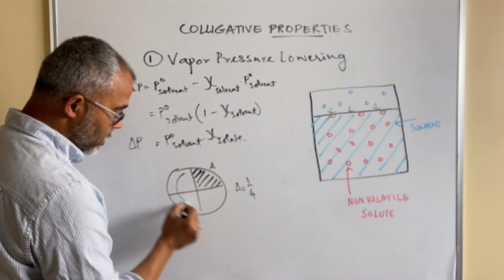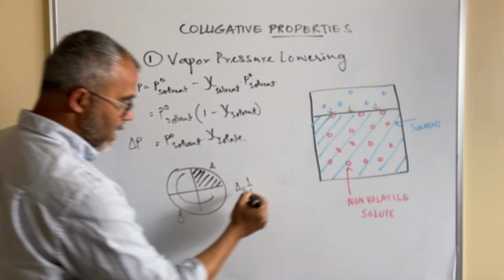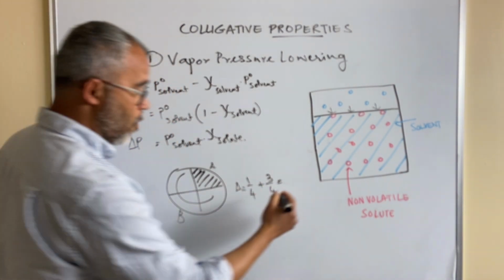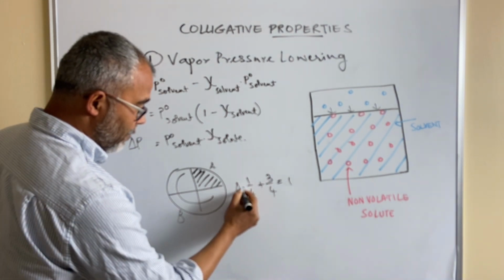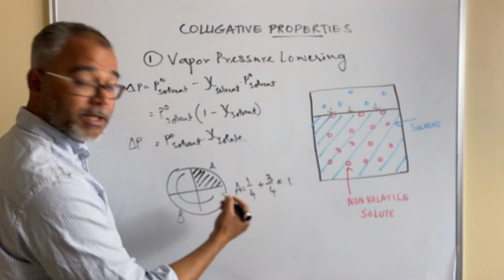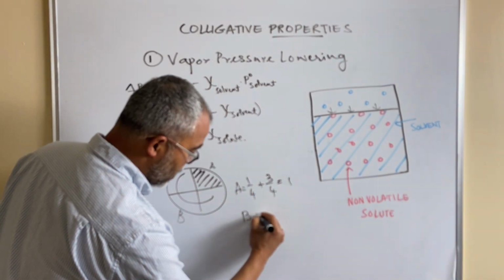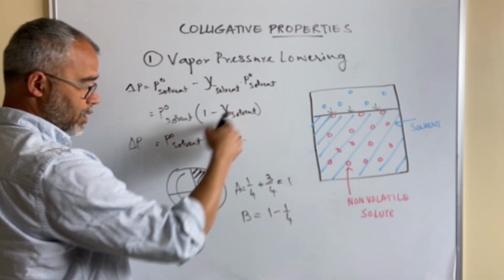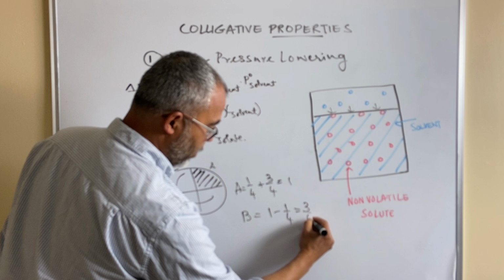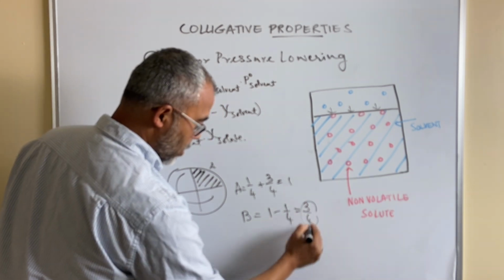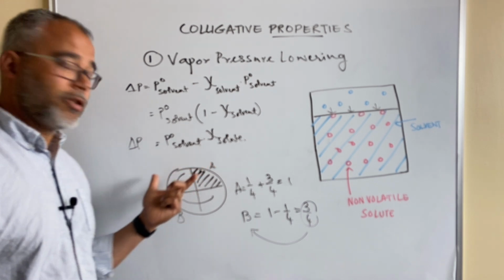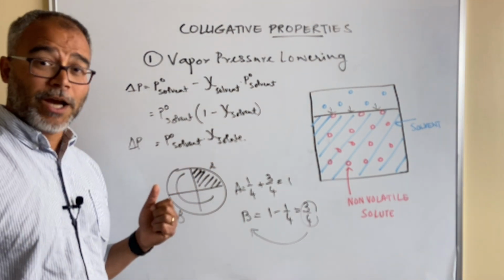And then person B ate all the rest. So if you add those together, you get 1. But if you had to figure out how much person B ate, person B ate 1 minus 1/4, which is similar to this expression, which would be 3/4. Okay, so we apply that same logic here to figure out the mole fraction.